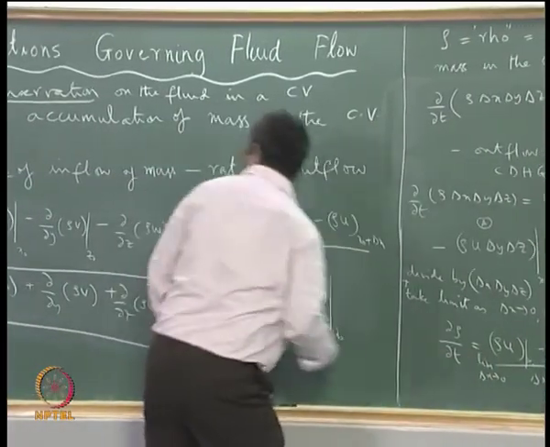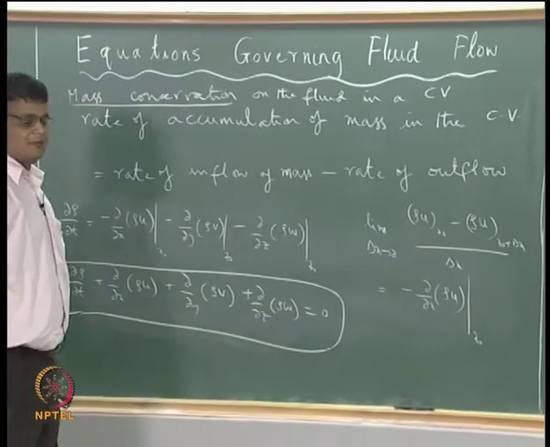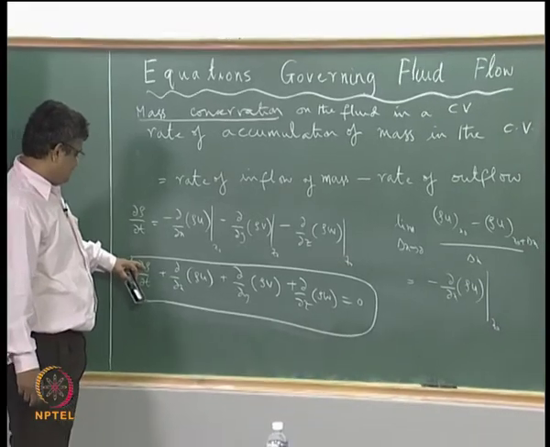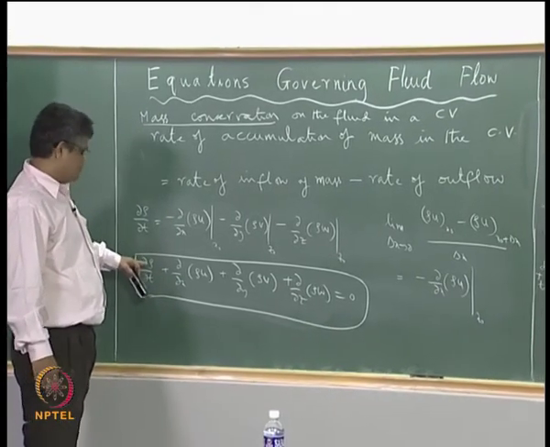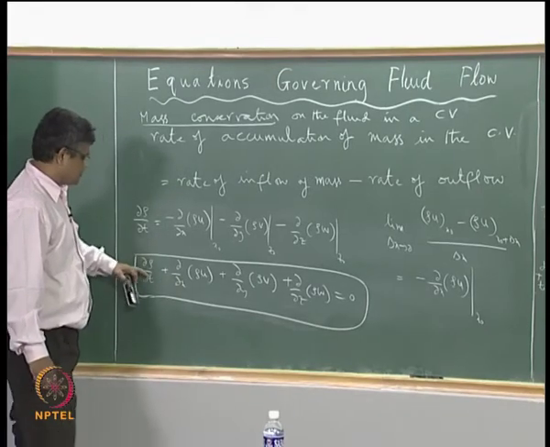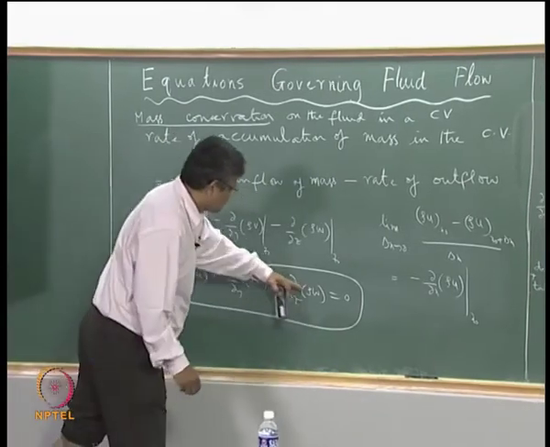In the special case where we are dealing with an incompressible flow, then rho is not variable, so this term goes to 0 and rho is constant.